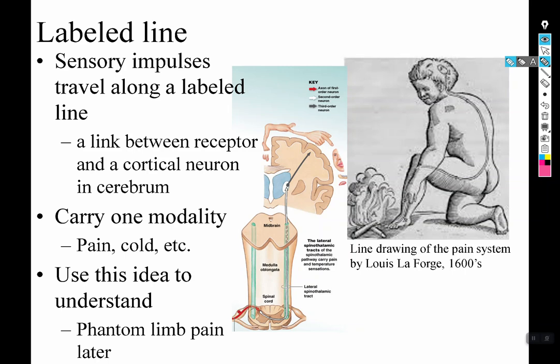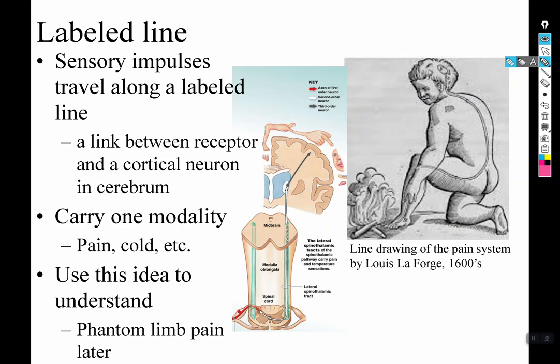Additionally, if a phone call originates from somebody, that line from them to me is labeled phone call from so-and-so because it traveled along a specific pathway, and that pathway has a name and a specific origin and destination.